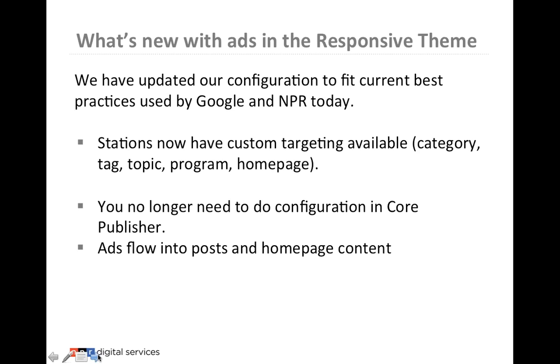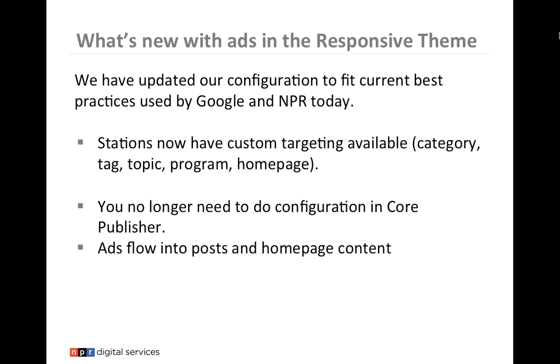One of the first things we wanted to do was make sure that Core Publisher is using the best practices when it comes to how Google DoubleClick for Publisher works with the Core Publisher setup. So we have updated our configuration, so now we are using the same setup that is relied upon for NPR, and that is also recommended by Google for use for DFP.